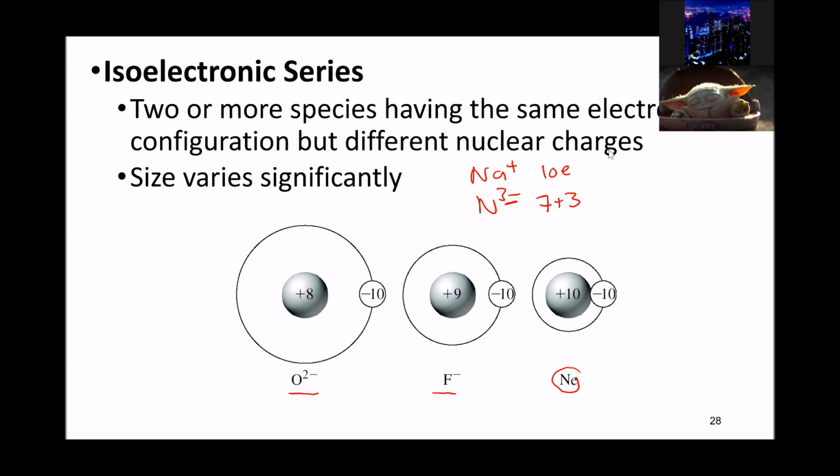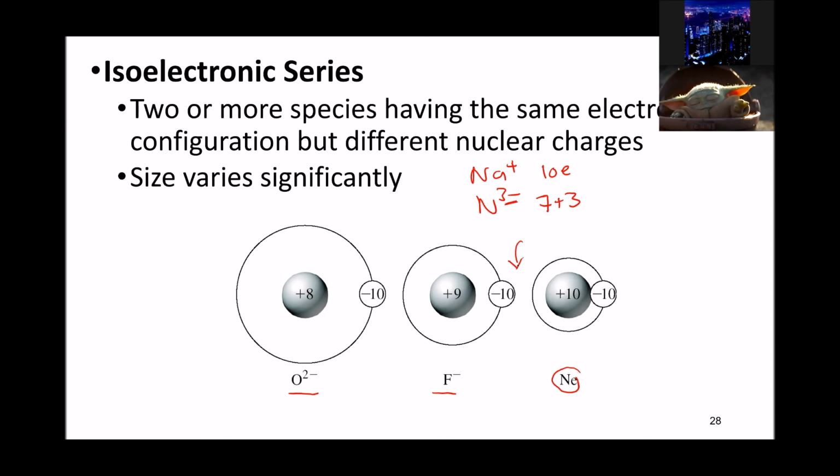If you want to compare the sodium ion in size with neon, fluoride, and oxide, is it going to be smaller than neon or larger than oxide? I think it's going to be larger than neon. Larger than neon? So it's going to go here? Yes.